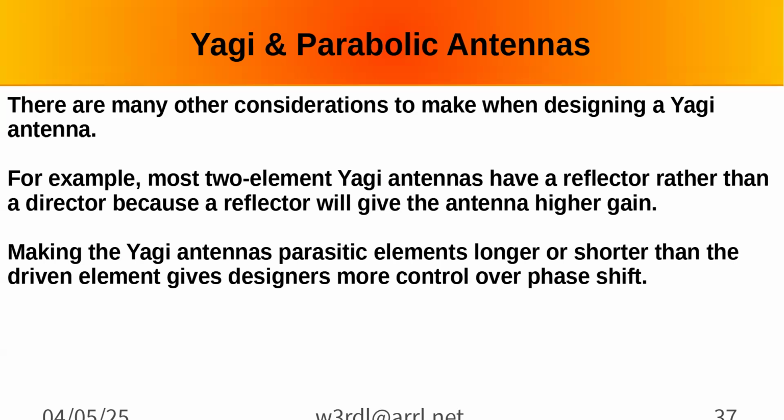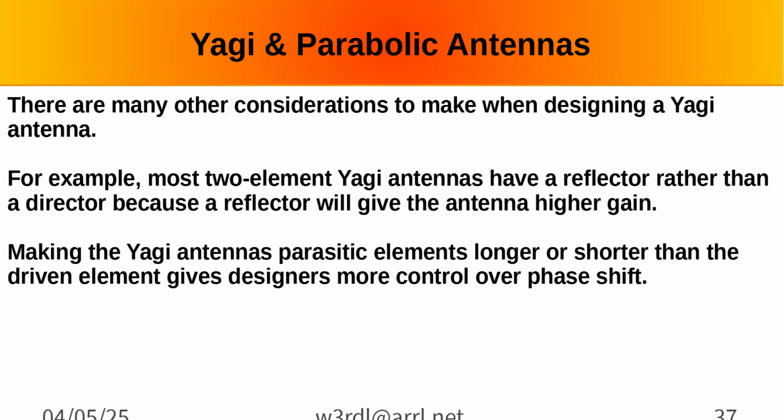So part of that radiation hits the reflector and gets reflected back 180 degrees out of phase, except it's not quite because it's more than a half wavelength long. If it was a half wavelength, it would be 180 degrees out of phase. So it comes back either more or less, I'm not sure which way. And at some point that adds to the signal being radiated by the driven element.